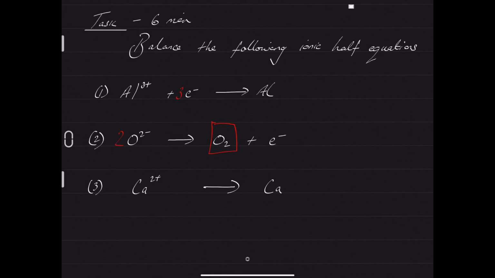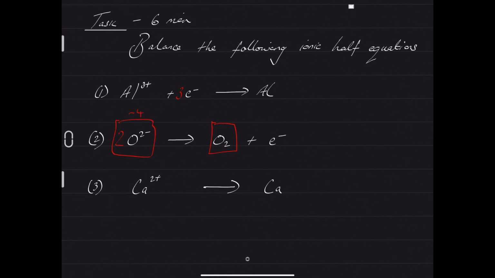Now we need to take into account the electrons. According to this section of the equation, we have -4 in total, because two oxygen ions, each having a charge of -2, is going to give us a total of -4.